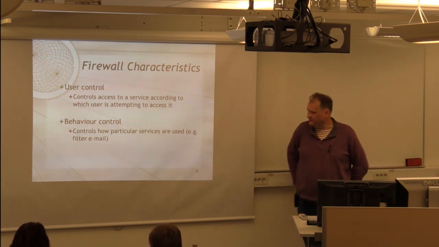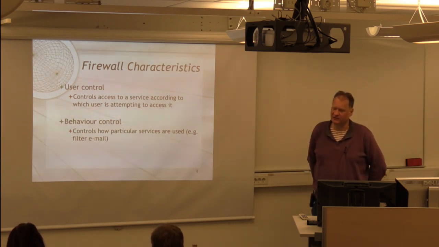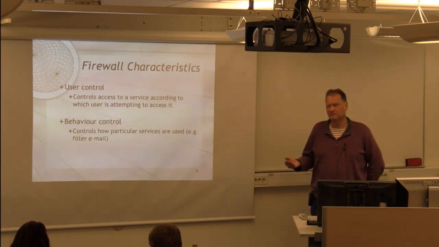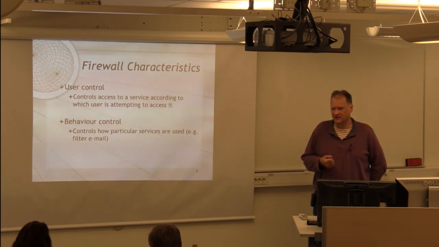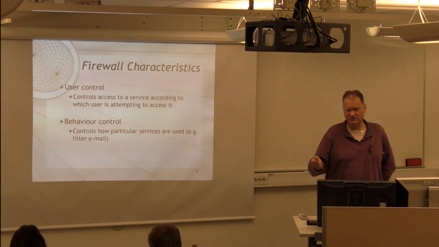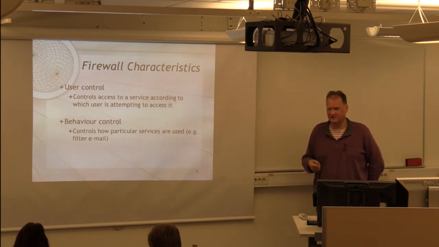And then we can have behavior control, which is the most complex, because then we need to go in and follow the traffic to see what it actually means. If it's an email, for instance, we can follow the traffic and see, okay, is someone trying to get in an attachment with some malware in it? If it's some type of web traffic, we can follow the session to see if someone is trying to hack into the web server by doing different things, and then we can stop it.